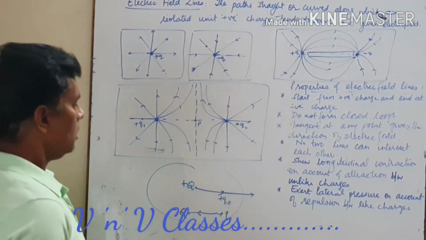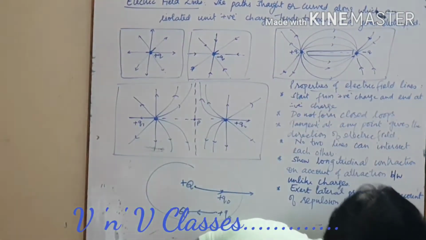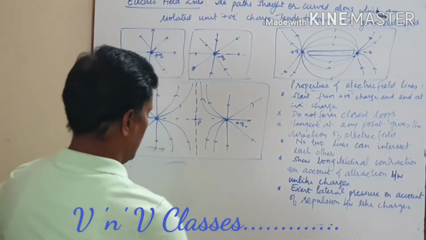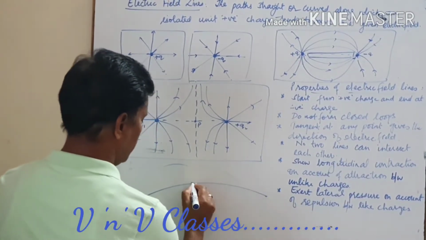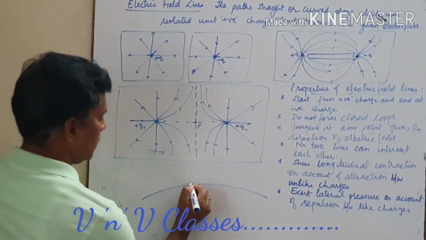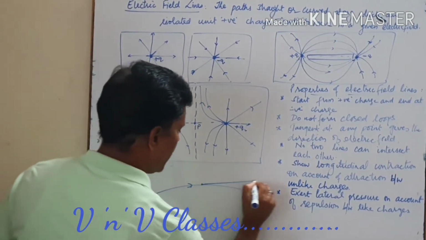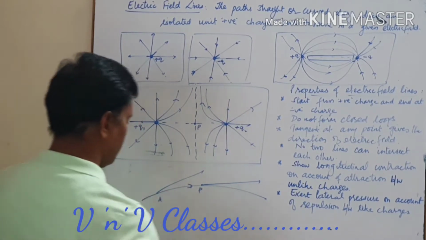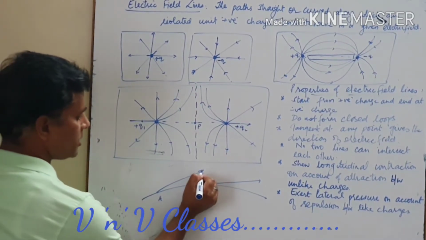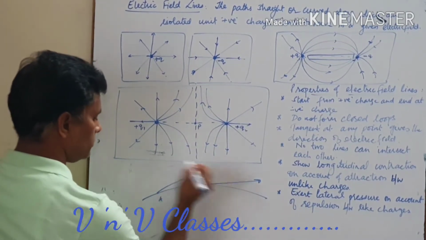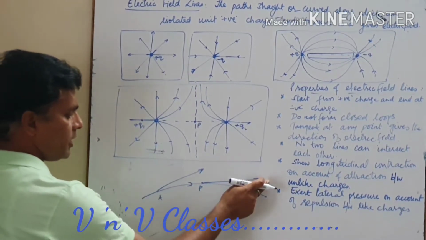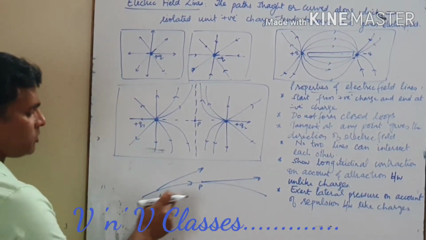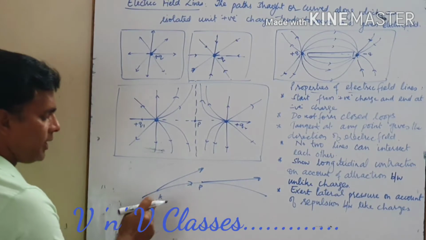Then, this is an electric field line, say the path. Now if we draw a tangent at any point, say point P, and any point, say point A, these tangents have certain directions. The directions of tangents represent the direction of the electric field at the corresponding points.